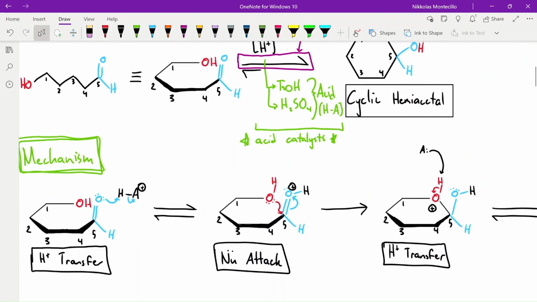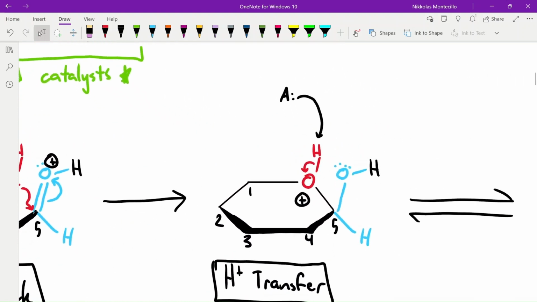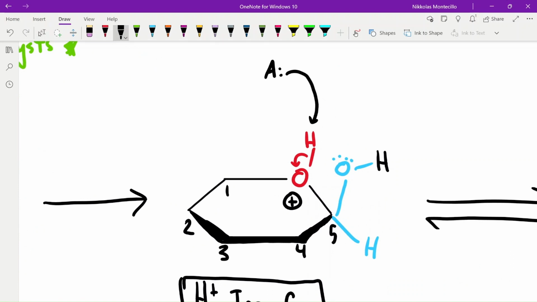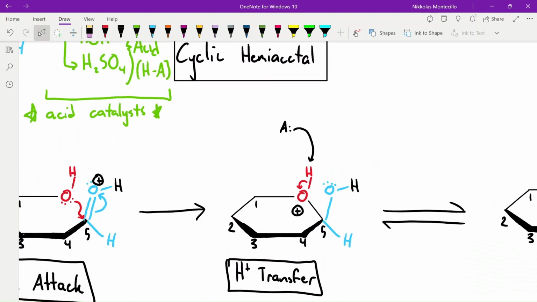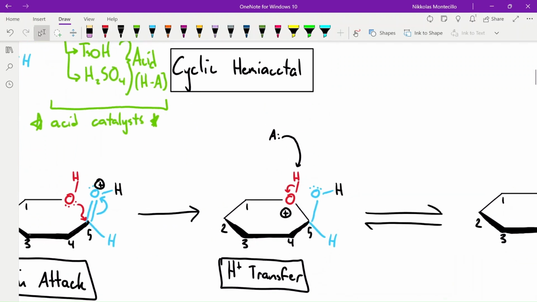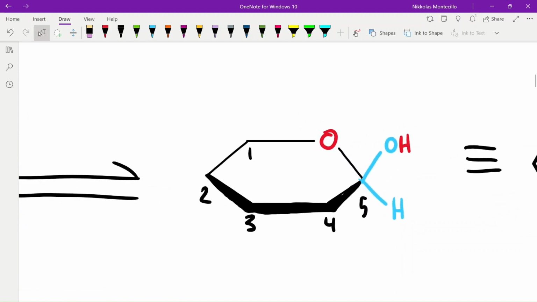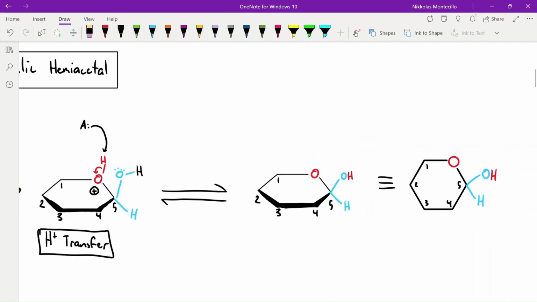This arrow pushing mechanism causes the formation of an oxonium ion, the oxygen with 3 bonds, 2 of these bonds forming with carbon, and the other bond forming with the hydrogen. The oxonium ion is deprotonated by the deprotonated acid, so a second proton transfer occurs, forming the hemiacetal, where we can see that there's an ether group on one side, and then the other is just a regular alcohol. Okay, that's the hemiacetal here.